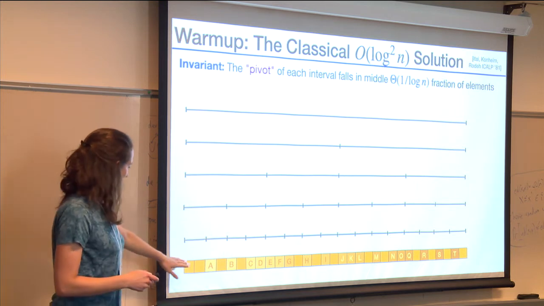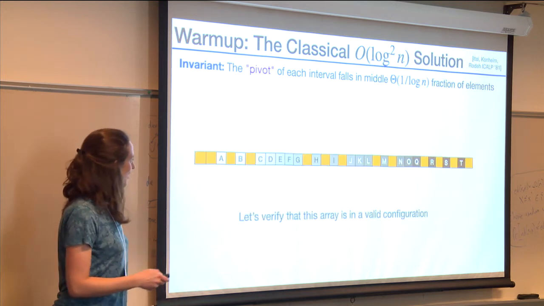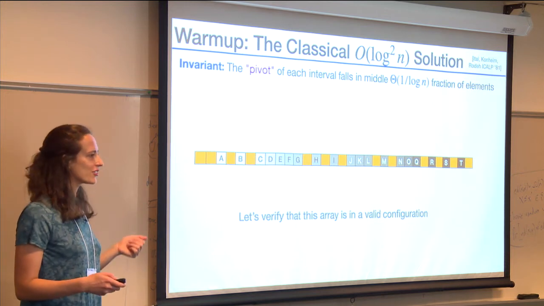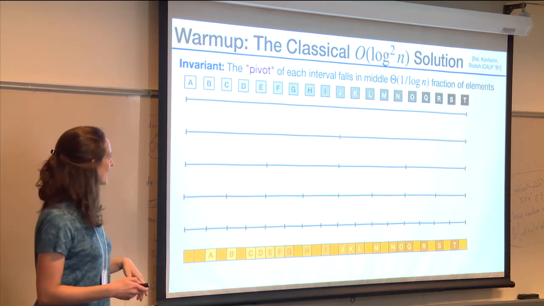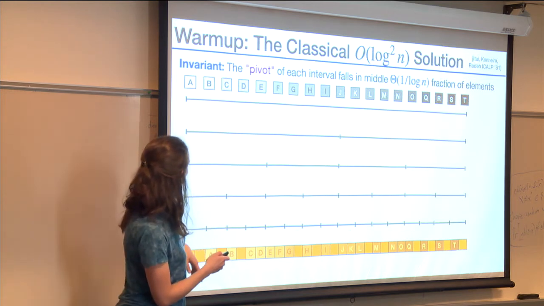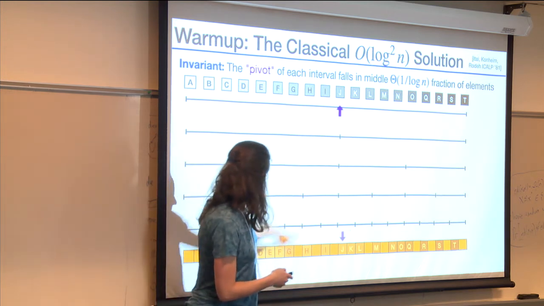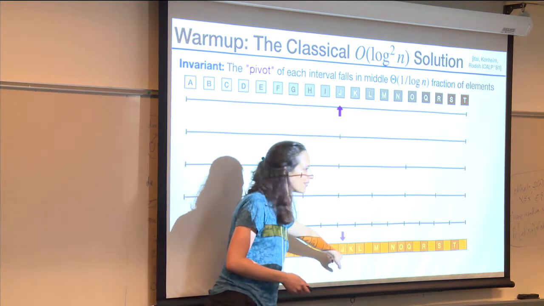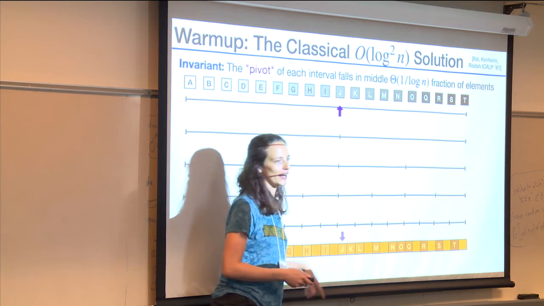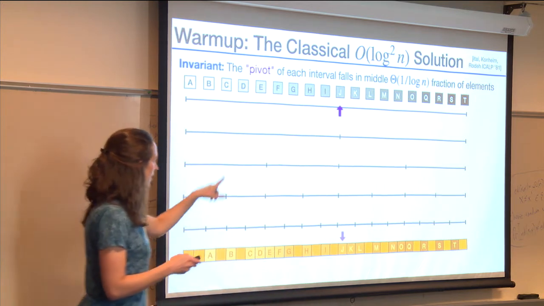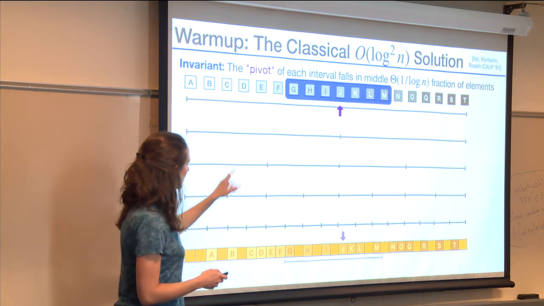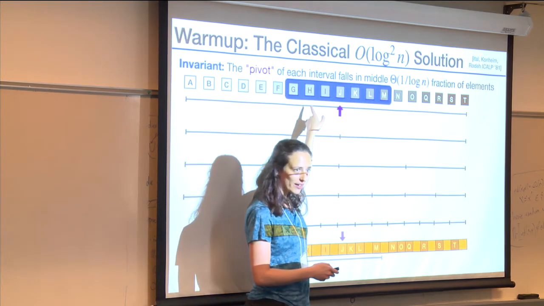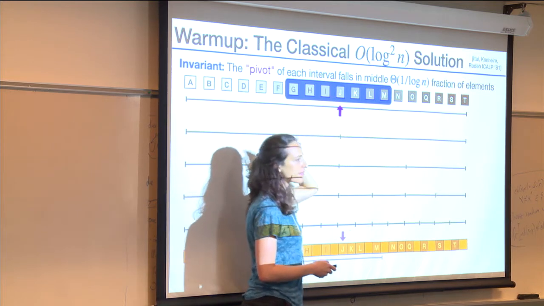Okay, so now let's imagine that this is our array right now, and we can verify that this is a valid array configuration based on the invariant. We look at what's written on the bottom, and we ask ourselves, what is the pivot? The pivot is j, because j appears right in the middle of the array, maybe off by 1. Then we ask, does j fall in the middle 1 over log fraction of the actual elements themselves, which is this blue box?